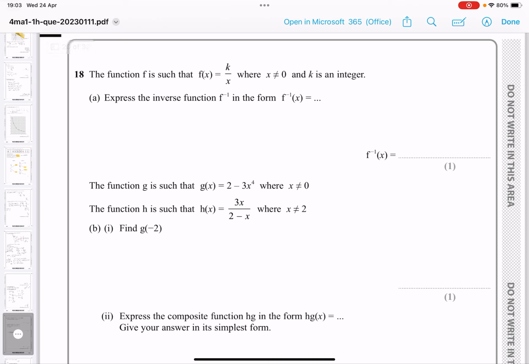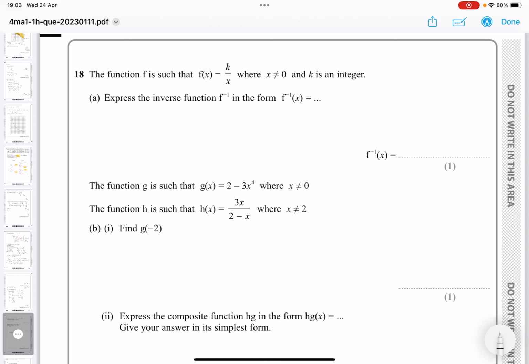The function f is such that f(x) equals k over x, where x is not equal to 0 and k is an integer. Express the inverse function f inverse in the form f inverse of x. Now, if we have an inverse function, we have to manipulate it a bit.